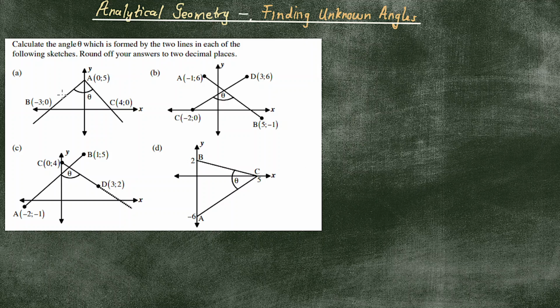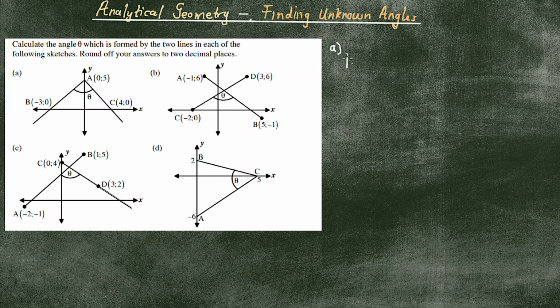Let's take question A. For A, it's calculated with theta. You can see that the theta is actually not an angle of inclination. Okay, so calculate the angle of inclination for the first line, AC. So we actually calculate the angle of inclination for line AB as well. But we will need the gradients, of course.